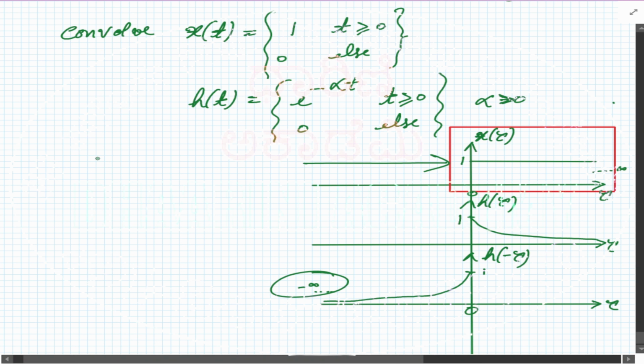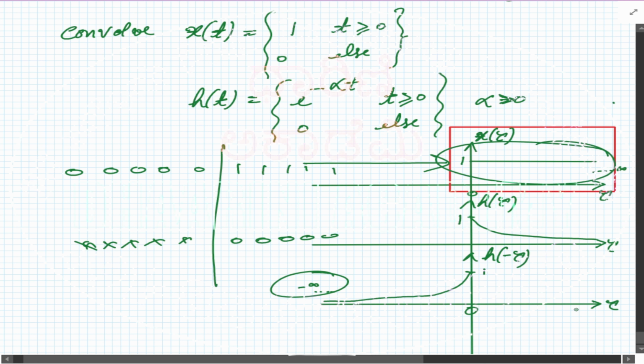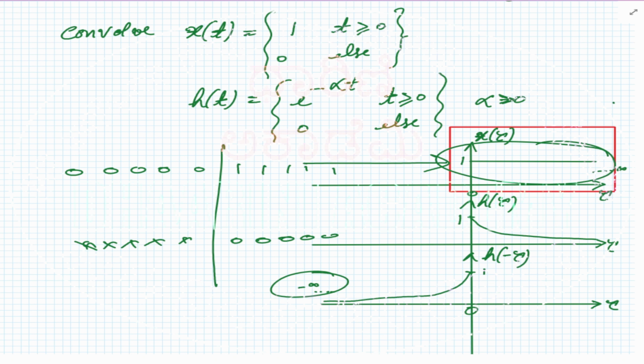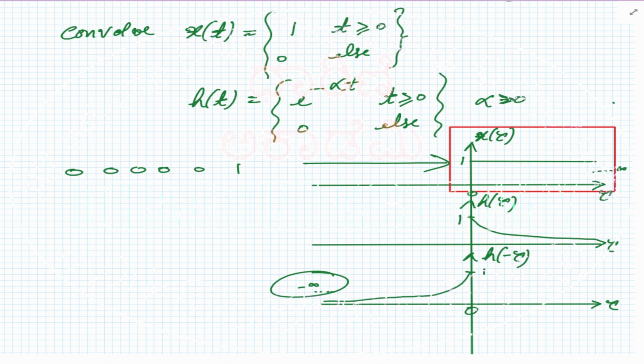If it's something like 0, 0, 0, 0, and then I have 1, 1, 1, 1, but my second signal is having some values, x, x, x, x on this side and 0, 0, 0, 0 on the right side. You see that that's what is happening here. This is 1, product is 0, right? So the product becomes equal to 0, so your convolution result is 0 now. Are you okay? It's fine, right? So that's the meaning.